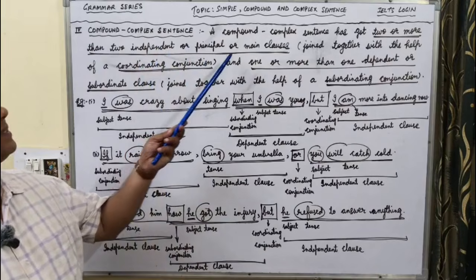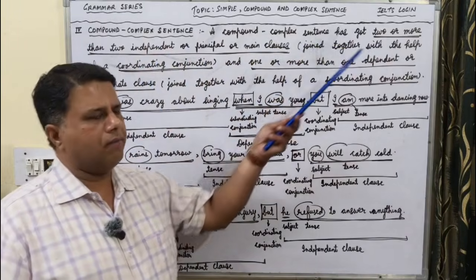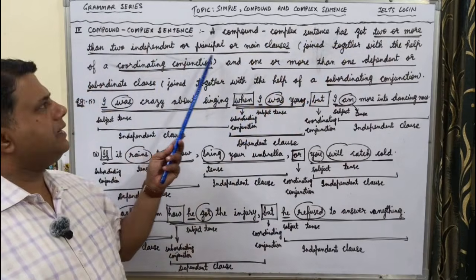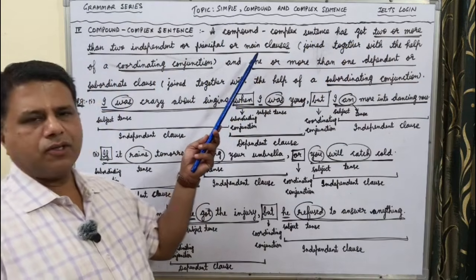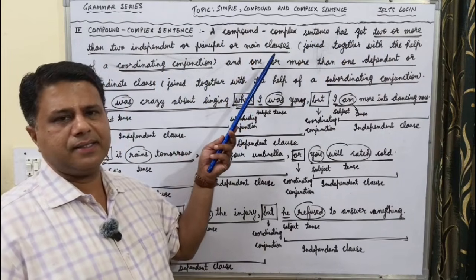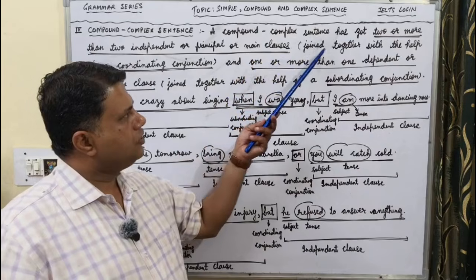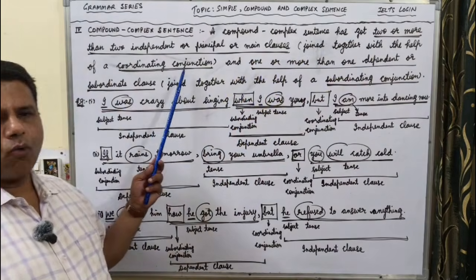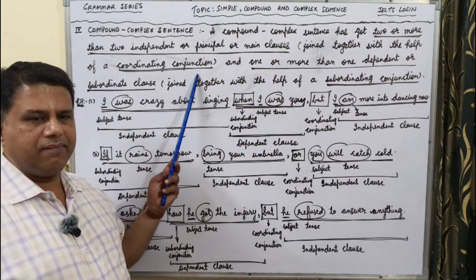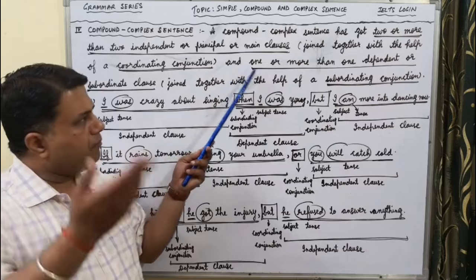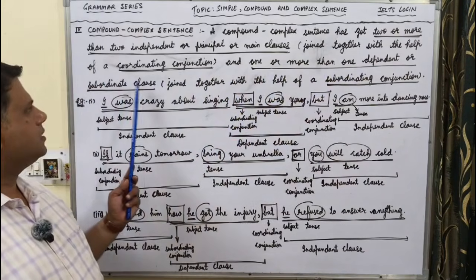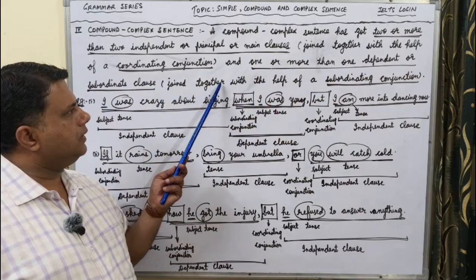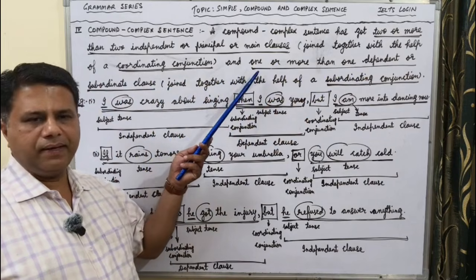A compound complex sentence has two or more independent or principal or main clauses. If two independent clauses are joined together with the help of a coordinating conjunction, it is a compound sentence. And if we add one or more dependent or subordinate clauses, it becomes complex.